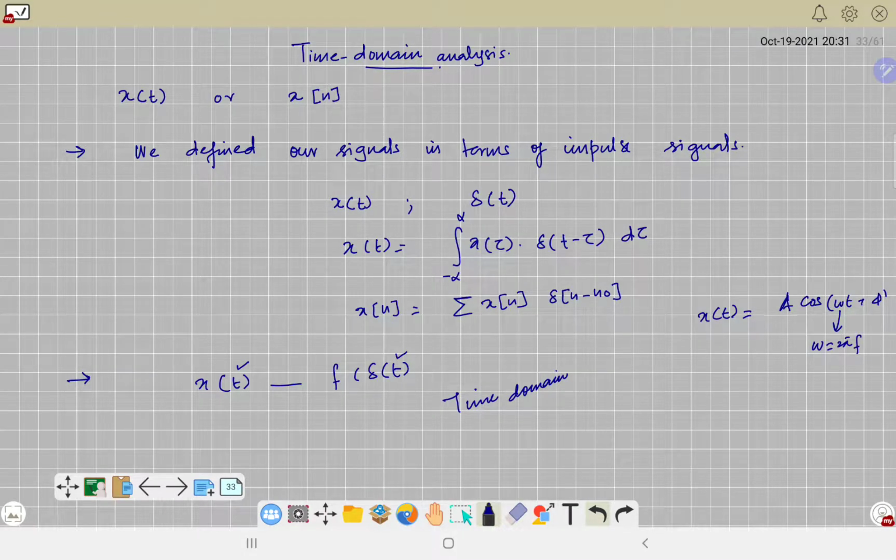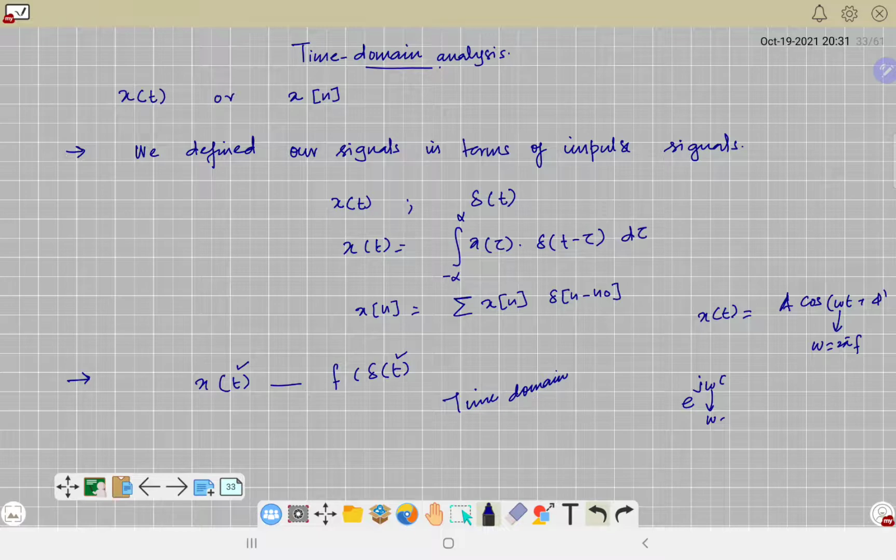So there is a parameter in this signal which relates to frequency. Similarly, the complex signal was e to the j omega t. Again, omega is involved. So we are expecting in the frequency analysis that we will be expressing our signals in terms of these sinusoids and these exponentials.